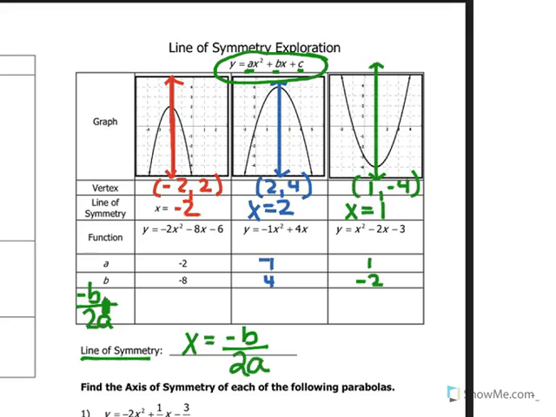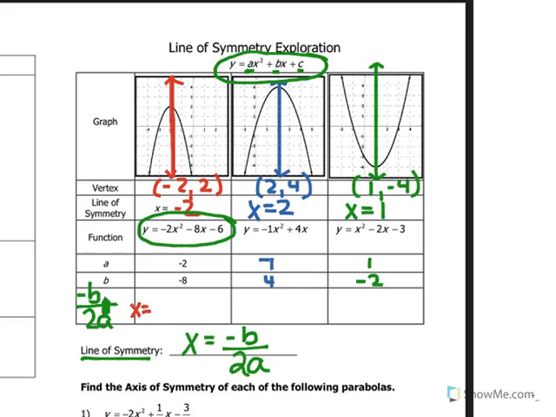If we did not have these graphs just up above, where we looked at the graph, saw the vertex, and knew the line of symmetry based on the vertex, what if all I had was the equation? Since we have this formula, we can take the opposite of b over 2a. Let's look at the first one.